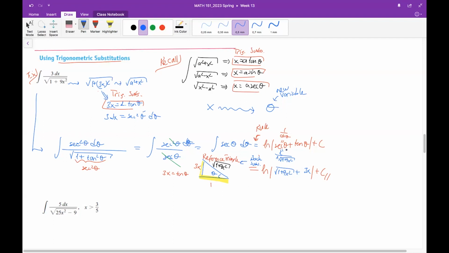Do the integration, and then the result of the integral should be rewritten in terms of x. So you need to do back substitution. How to do that? By drawing a reference triangle like that. This reference triangle gives you everything to read such trigonometric functions in terms of x. Okay? So any questions?